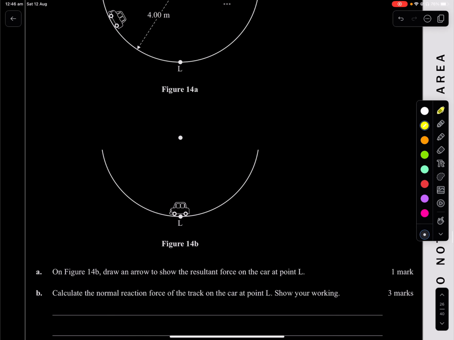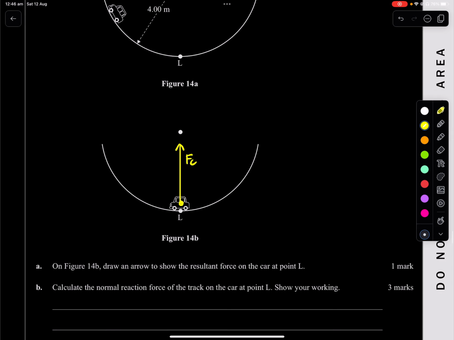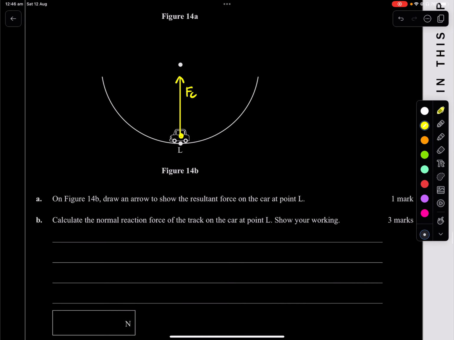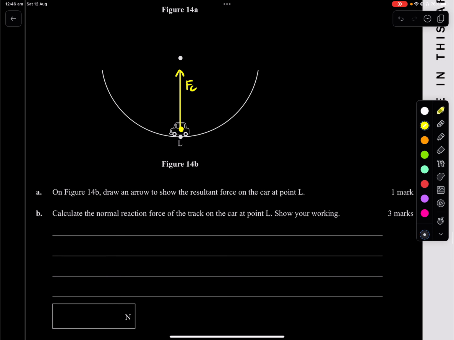Now, you should know straight away that in a circle there would be a centripetal force that goes towards the center, right over here. This is what I just call FC, your centripetal force. So your resultant force is your centripetal force. Calculate the normal reaction force of the track on the car at L.